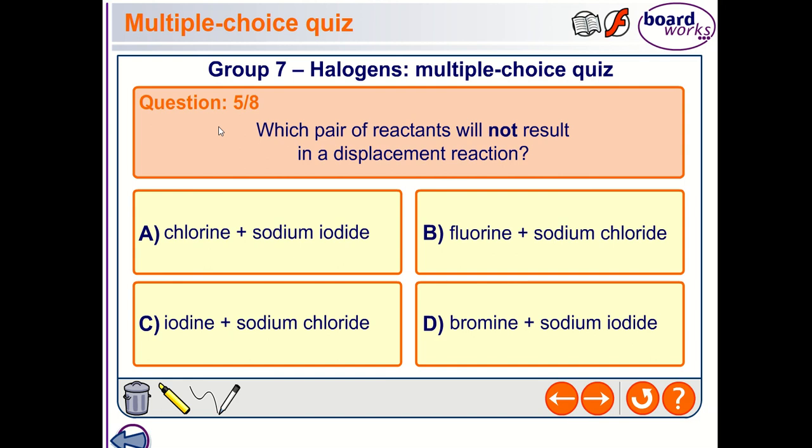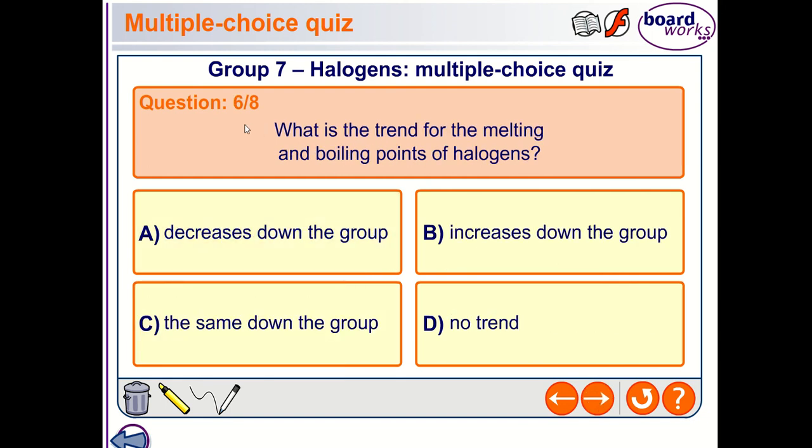Okay, so which one will not result? Here we're looking for a displacement reaction which will not result in a reaction, or a reaction which will not result in a displacement reaction. So iodine is less reactive than chlorine, can't displace it.